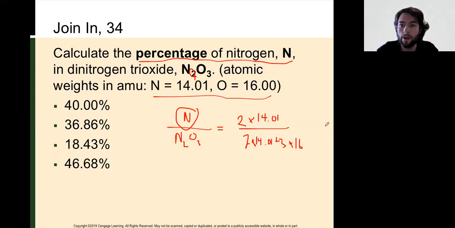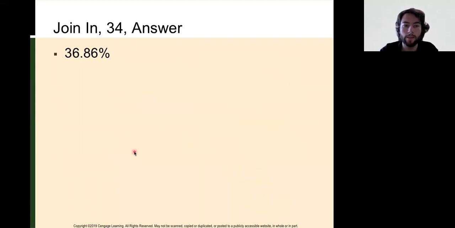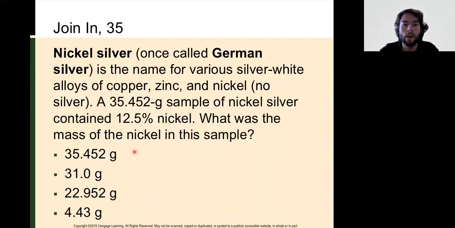And so that will give us some fraction, which will be about 0.3686. And so we then multiply that by 100%. And that will then give us this answer here, 36.86.